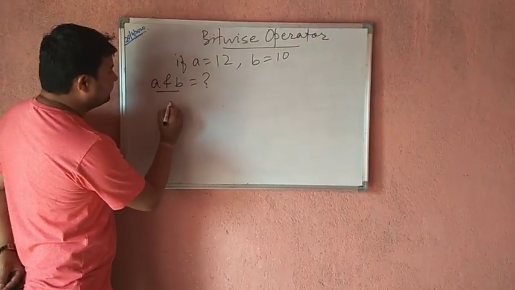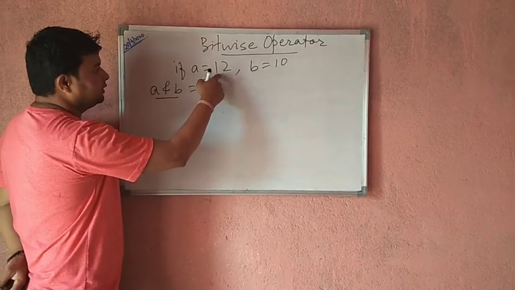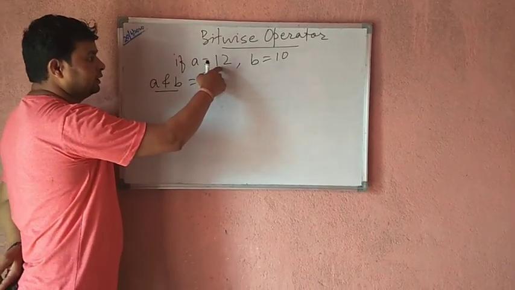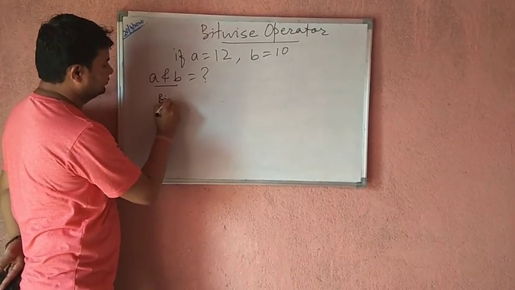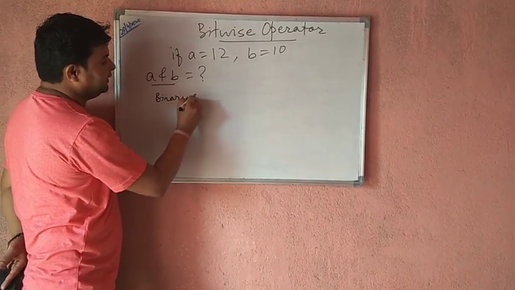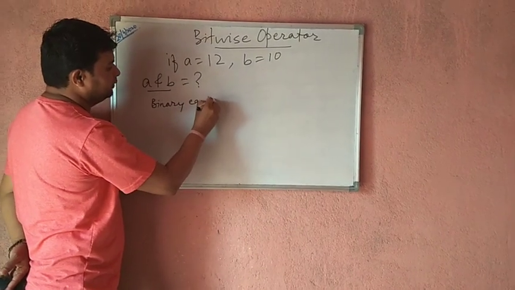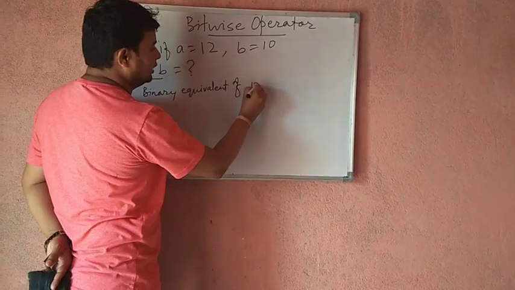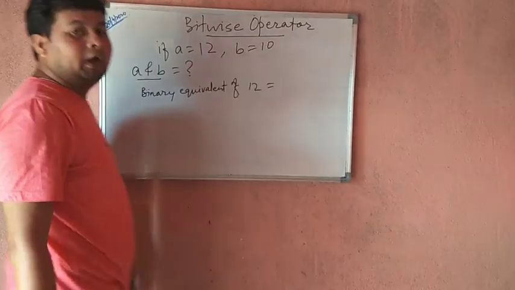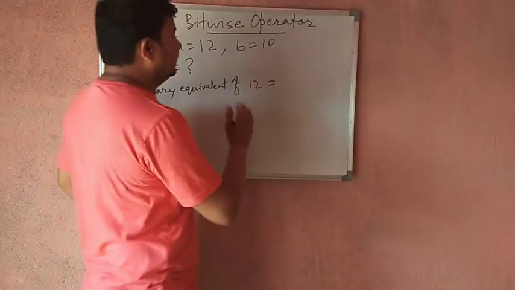So what will be the binary equivalent of 12? How will you convert to binary equivalent?